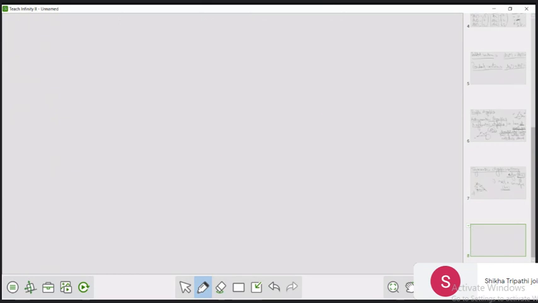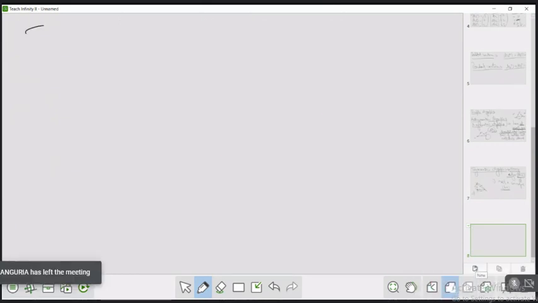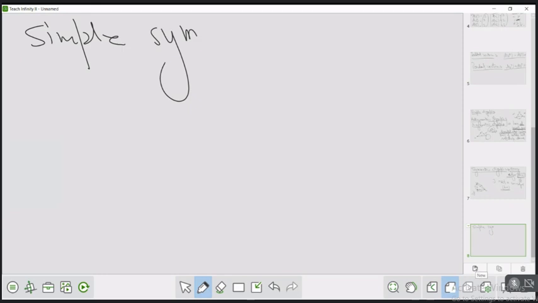Now it is your homework. Define simple, symmetric and asymmetric diagram.